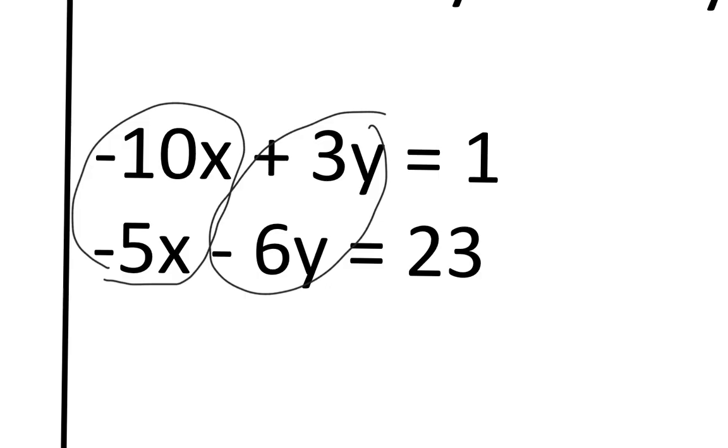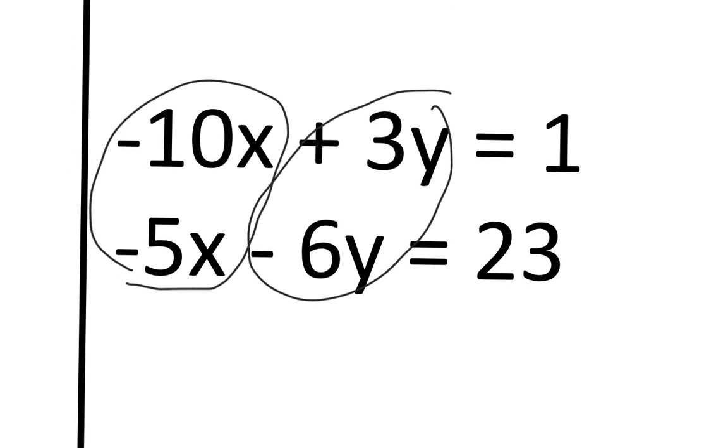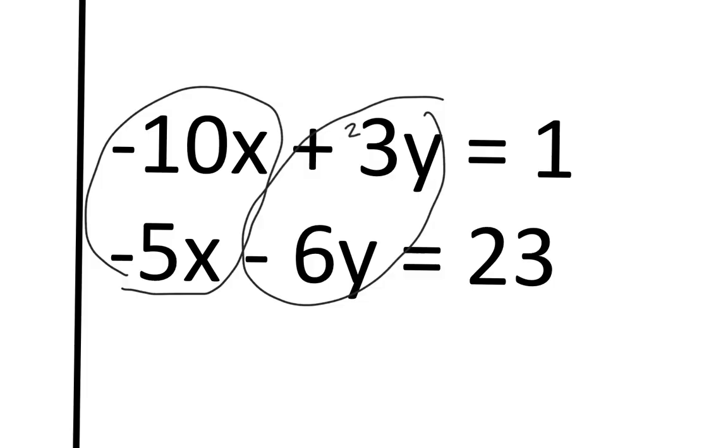But they're not the same, so for my y's, I can multiply this times 2 and get positive 6 and cancel. Or I can multiply this by 2 and get negative 10. Well, I'd have to multiply by negative 2, wouldn't I? Negative 2 times negative 5 is positive 10 if I did that. So I could do either way.